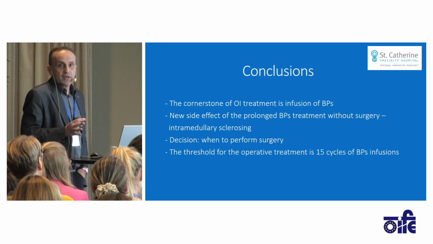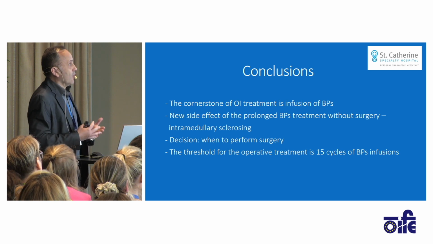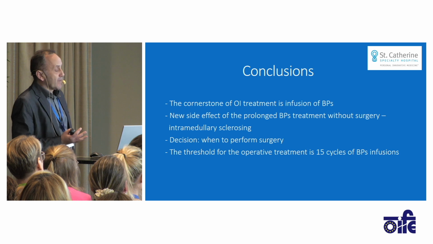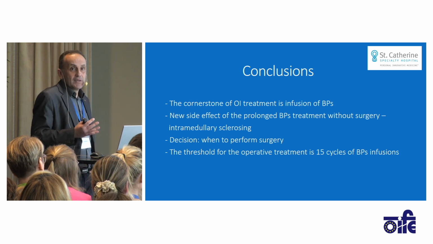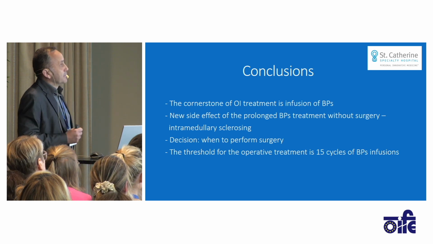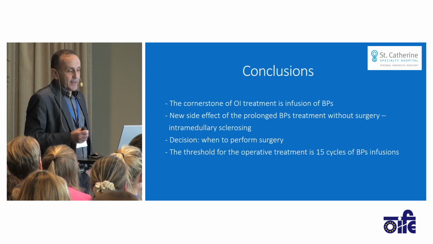In conclusion, the main therapy of OI, the cornerstone of the therapy, is treatment with bisphosphonates. But we should think about some possible side effects, and the novel one we showed with our study is intramedullary sclerosing.